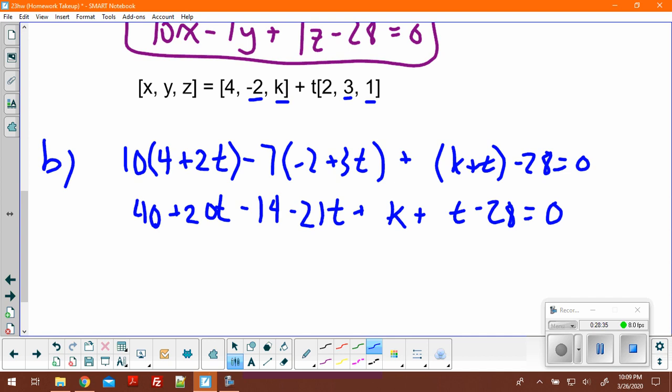I was worried because my t's need to cancel out for this to work, right? I have 20 minus 21 plus 1. I have to have that 0t if it's going to lie in the plane. And then for my other terms, I've got 40 minus 14 minus 28. So I believe that is negative, not sure, negative 12 maybe?